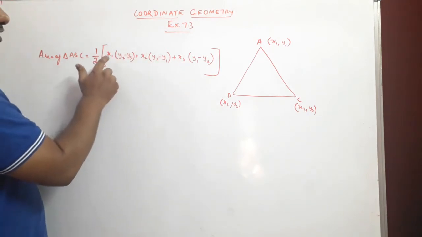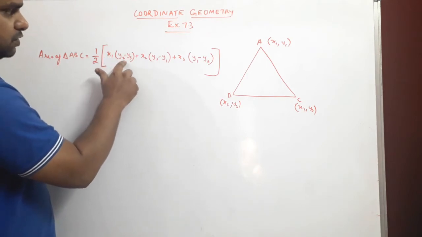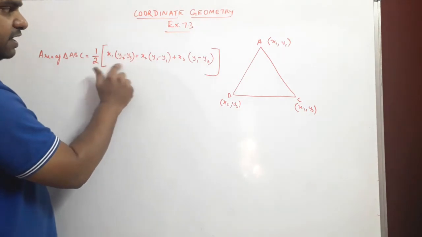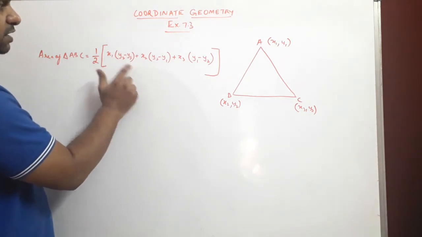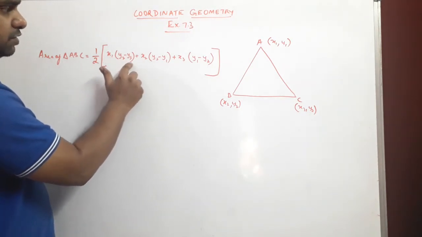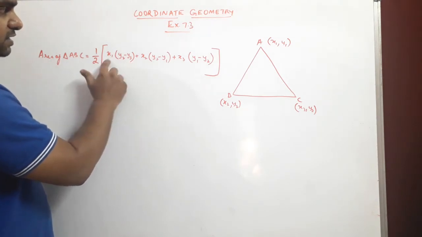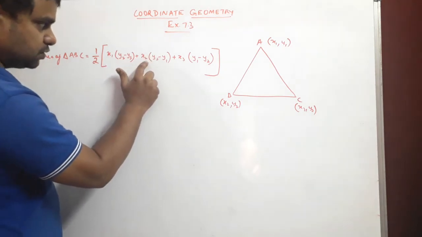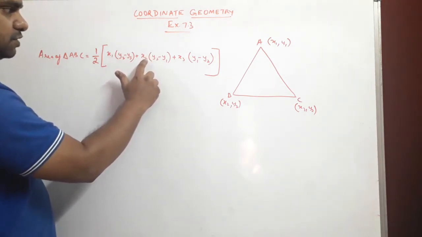Then look at the sequence. It's 1, 2 and 3. So it is x1, in brackets it will always be y and a difference between the y coordinates. But it is 1, 2, 3. Okay. Next it begins with 2 because this was x1, next one will be x2, and because it begins with 2 it goes 2, 3, 1.